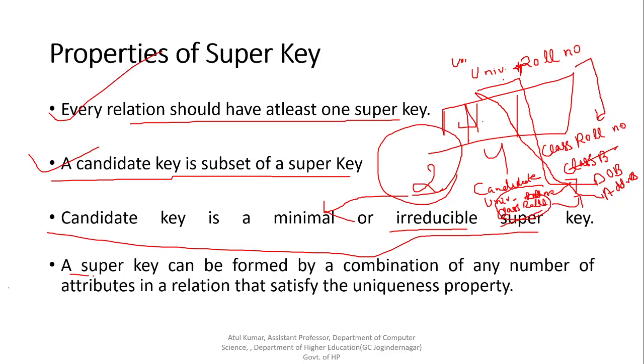Next, a super key can be formed by the combination of any number of attributes in a relation that satisfy the uniqueness property. So each row in the relation must be unique from every other row in the relation.